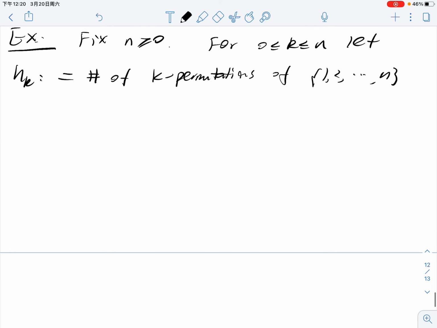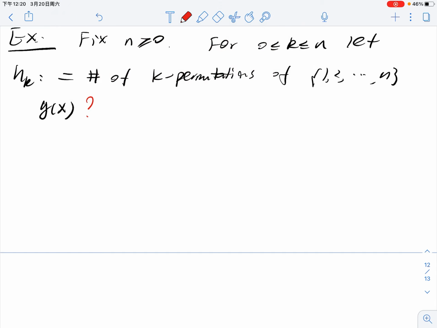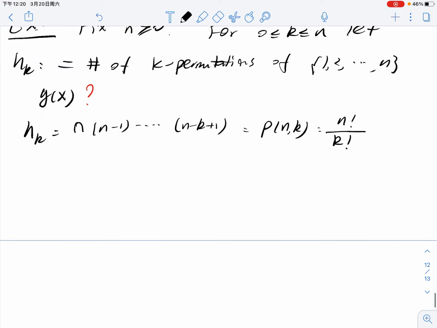Okay, then what is the generating function? Recall that we can compute hk, which is the product from n down to n minus k plus 1. This is P(n,k), or n factorial divided by n minus k factorial.